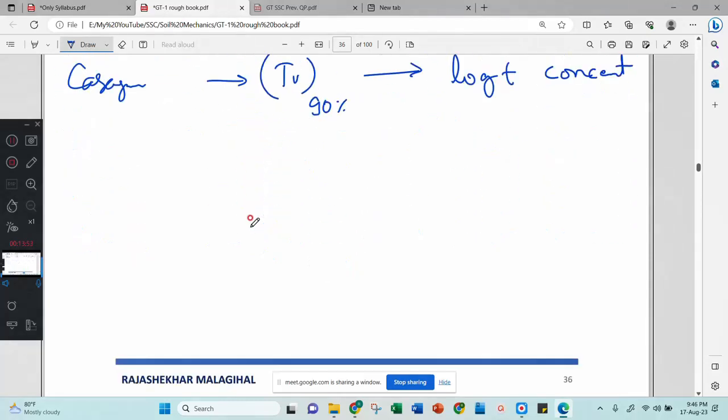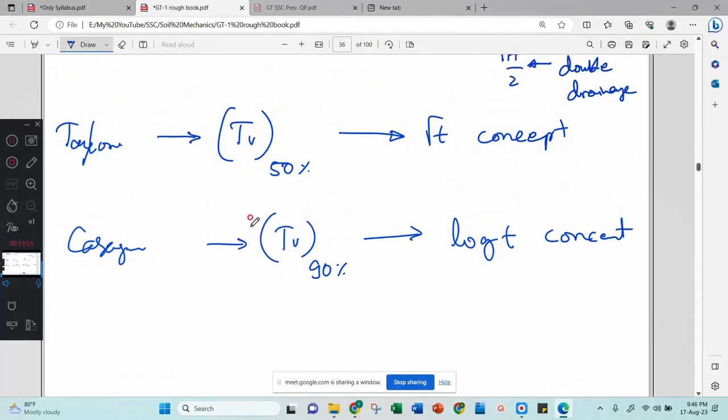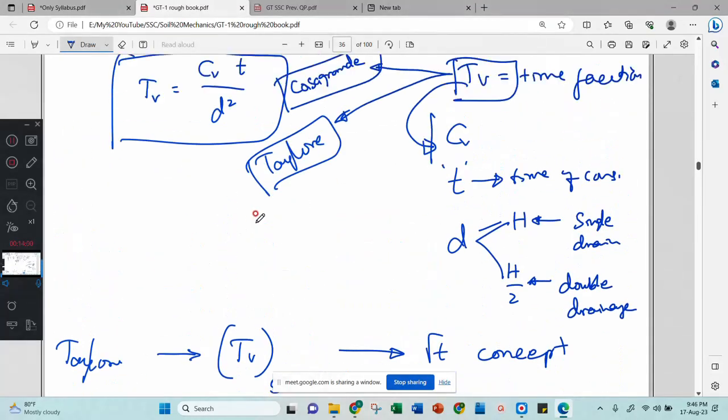Then both methods give you the value of Cv.